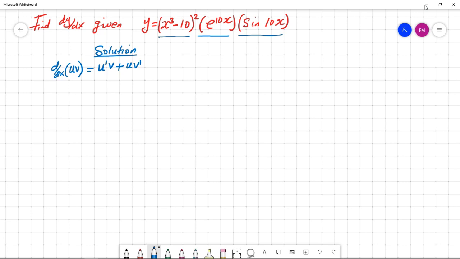Here we are differentiating with respect to x the functions u, v, and w. This is going to be u prime, then we have v and w held constant, then plus u v prime, then w held constant, then plus u v held constant, then differentiating w. So this is what we are going to use.